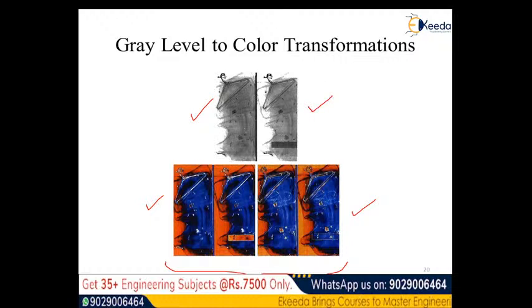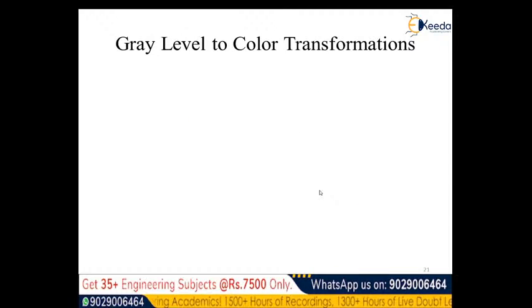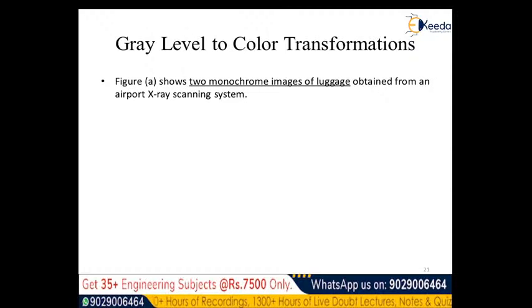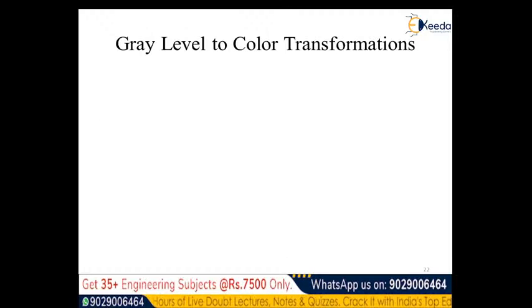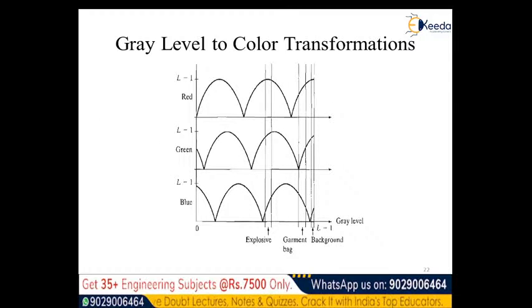Here is the input image in part A. Now what are the transformation functions with the help of which we can obtain these particular images from the input? You can see the transformation functions are represented graphically here. Here you see the first transformation function for part B of the image.